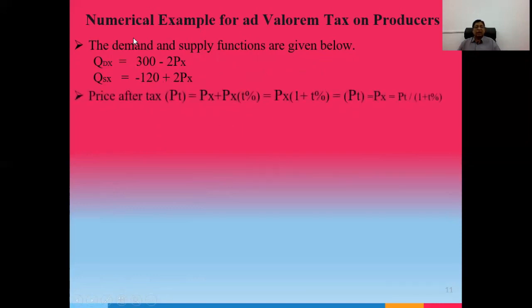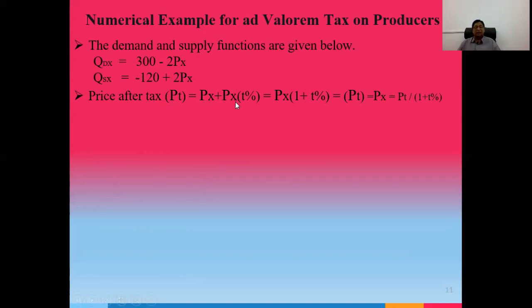Suppose that the government imposes an ad valorem tax on producers. This ad valorem tax also affects the supply curve. Price after tax, PT, would be equal to the price of commodity X, that is the initial price, plus tax.